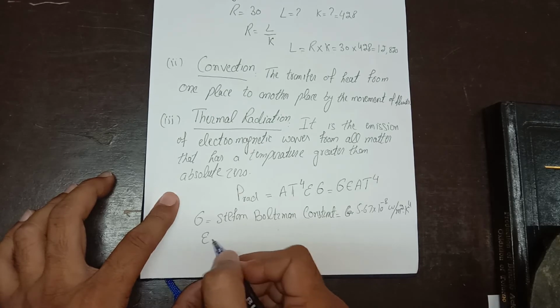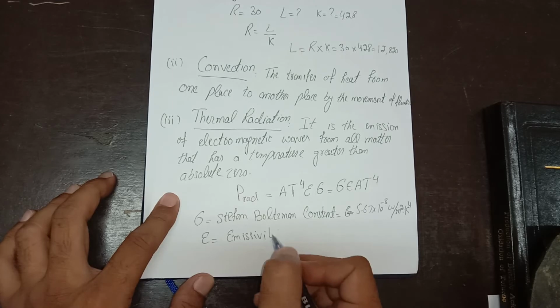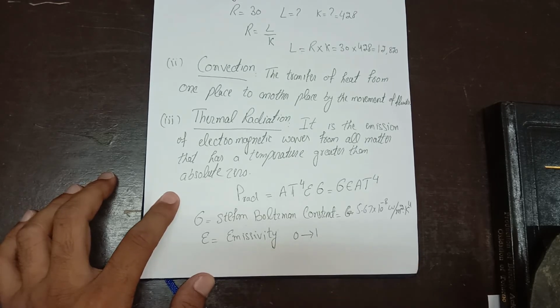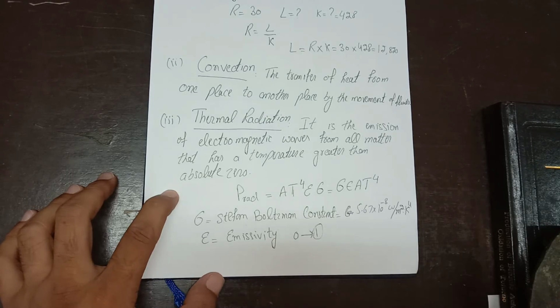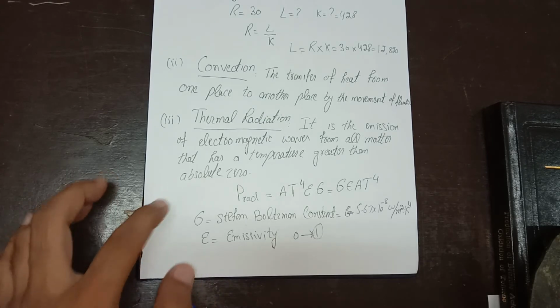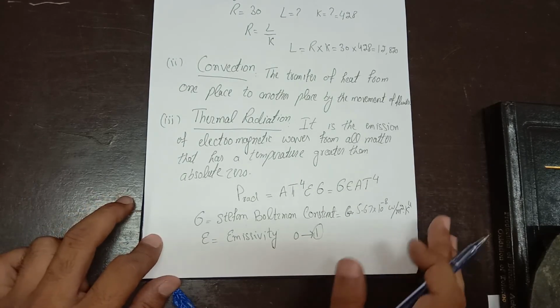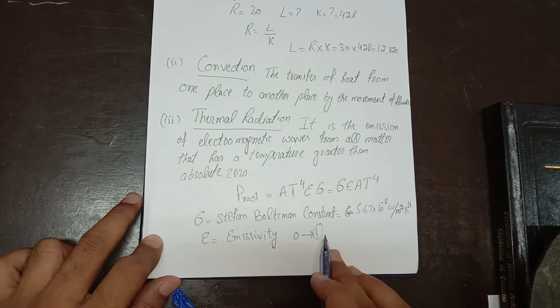epsilon in this case is emissivity. Its value varies between 0 and 1, and if it is 1, it means that the material is a black body radiator or a black body absorber. Emissivity equal to 1 means a perfect black body emitter, but such an ideal emitter does not exist.